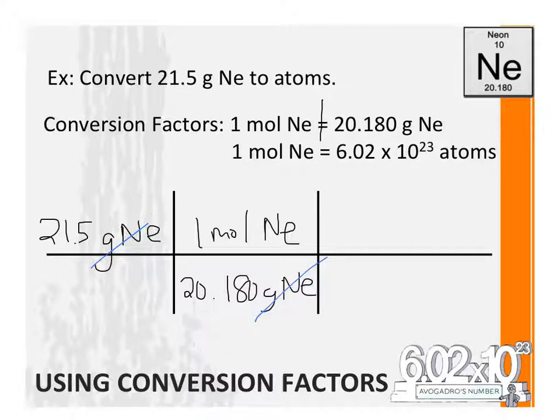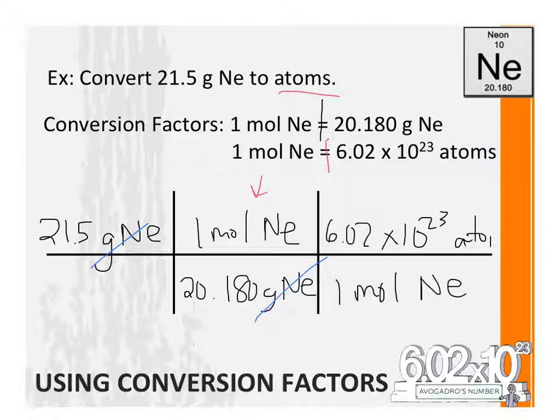And right now, if we were to stop the problem, we would have an answer in moles, but we don't want an answer in moles, we want it in atoms. So I need to use the second conversion factor, and if I select a denominator, I know I need moles to be canceled out. So 1 mole of neon is equal to Avogadro's number. So once you get it set up, you should see that grams of neon and moles of neon are all able to cancel out, leaving you only with an answer in atoms of neon.